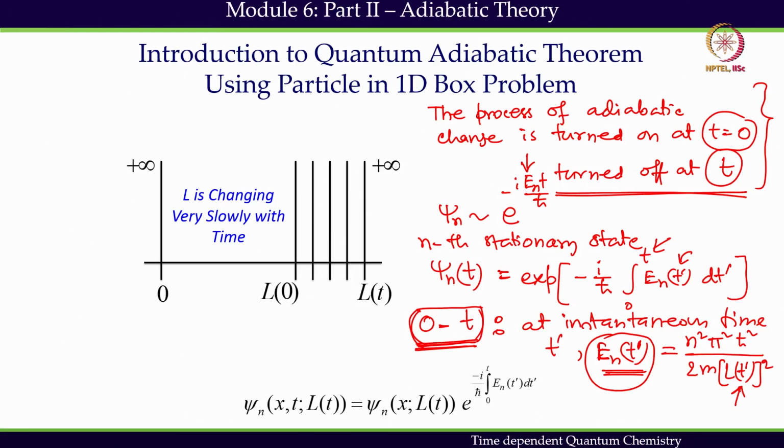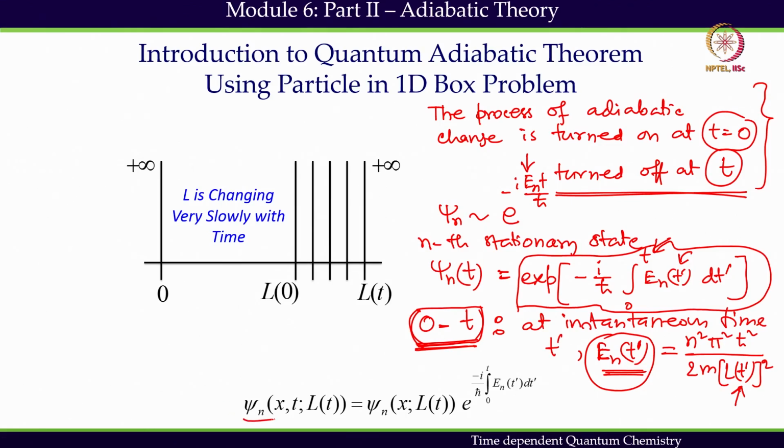And it's evolving from 0 to t, so this factor is the total accumulated phase. Because this phase is accumulated by the nth stationary state, in the end we can write down the nth stationary state as follows.